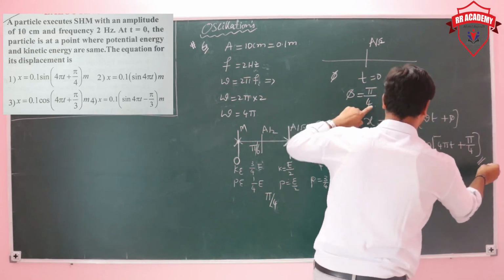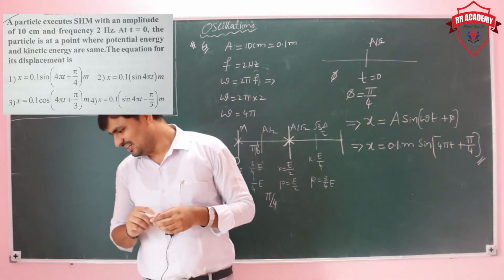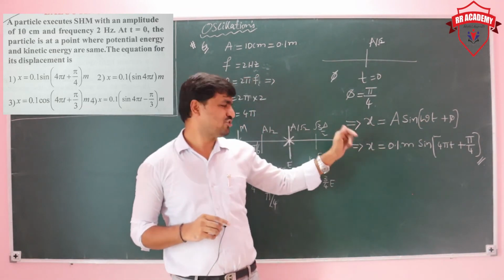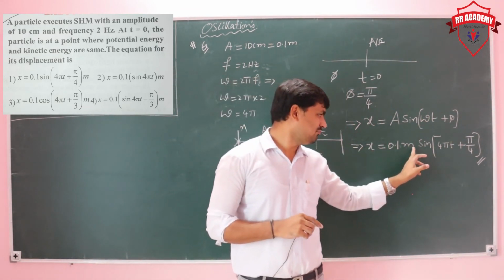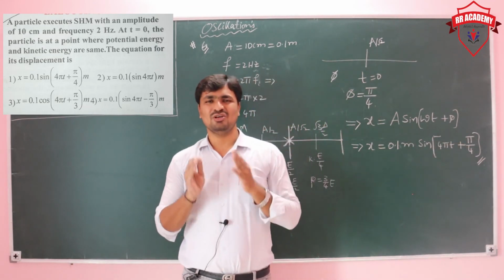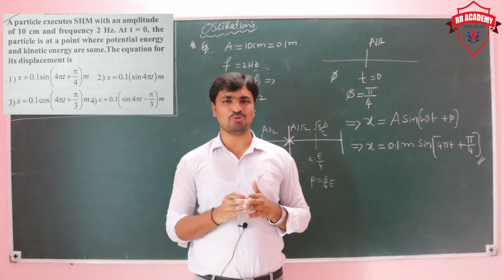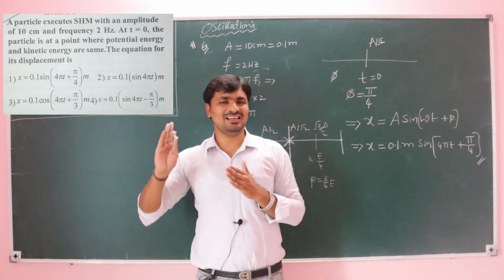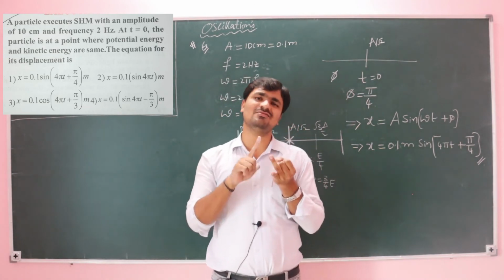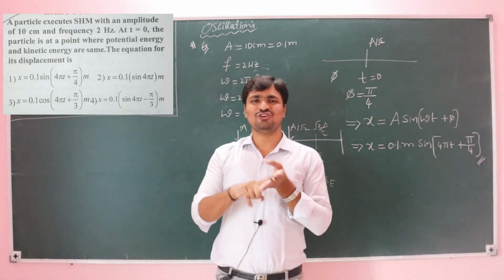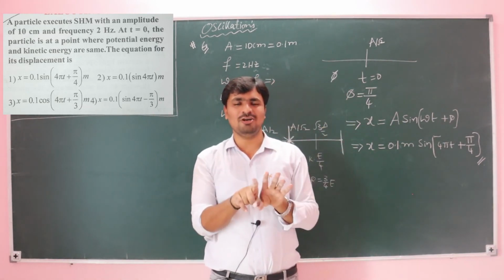So this is the displacement expression, first option, 0.1 meters sine 4 pi t plus pi by 4. So please practice the table properly. You can solve any problem from oscillation based on distance, velocity, acceleration and even energy. So please learn the table properly.